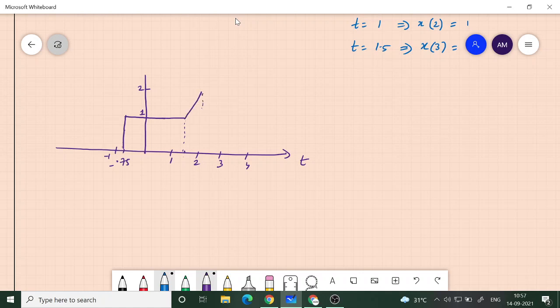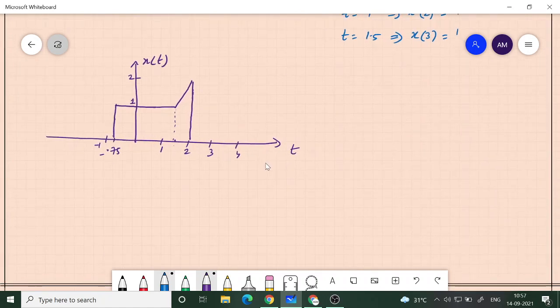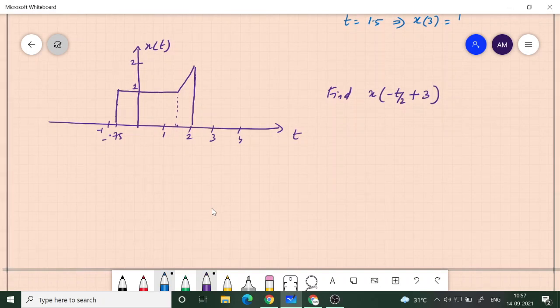This was it, and then it comes back. So I think this was our problem. This was our x of t. So we had to find out x of minus t by 2 plus 3. The procedure I adopted is first shifting.